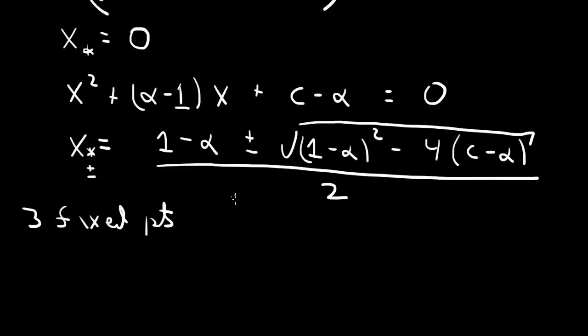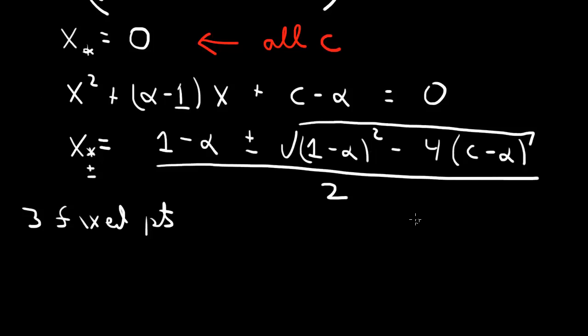And when are they valid? So x star equals 0. We're looking at the variation of these fixed points as a function of c, the amount of fishing that's being done. So this is valid for all c, right? And then the second fixed point is valid only if this is a square root of a positive number.